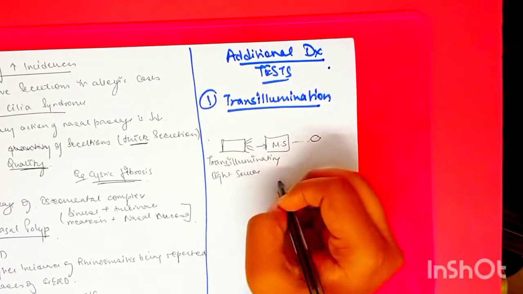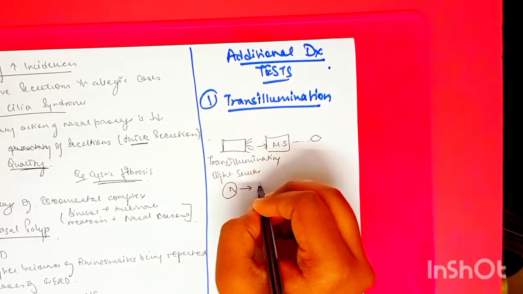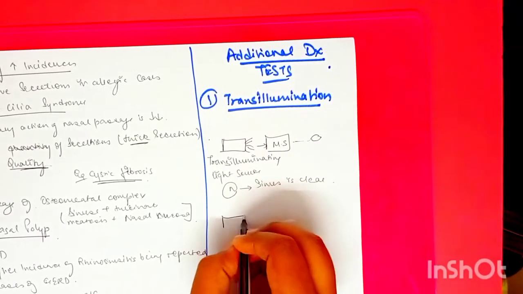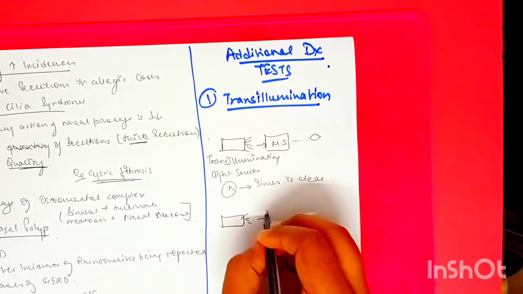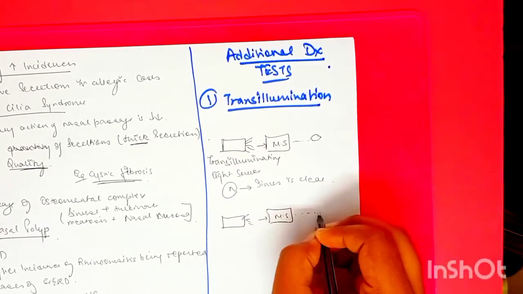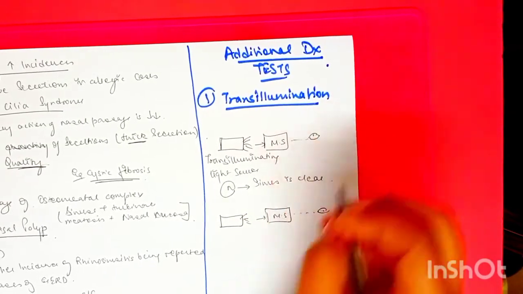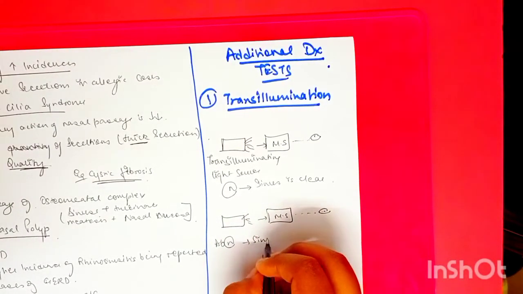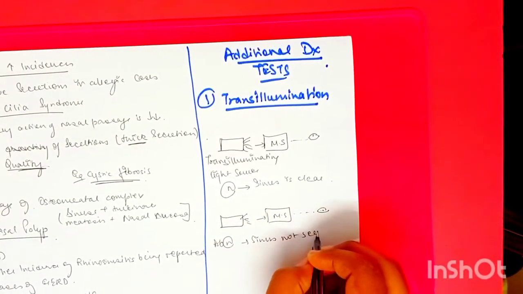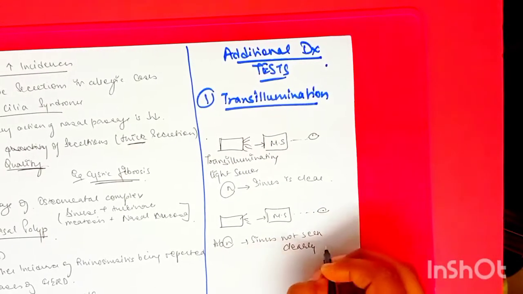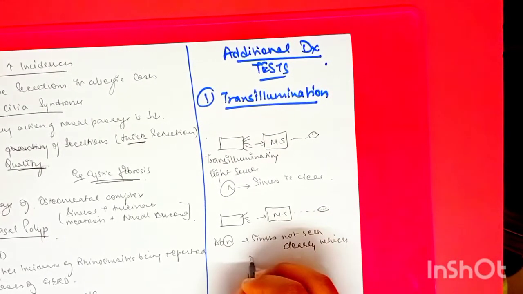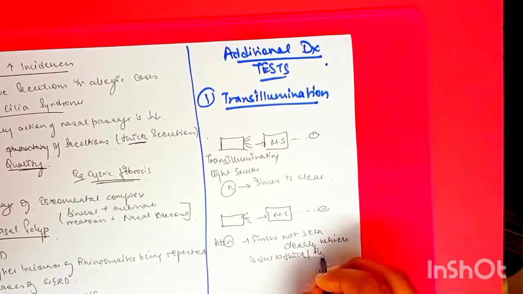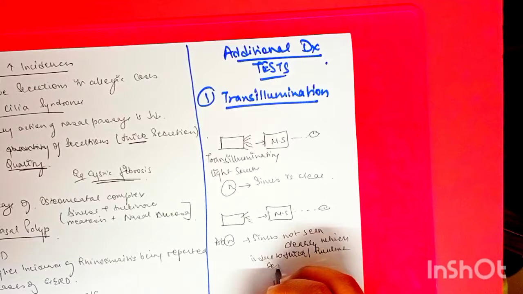Normally, the sinus should be clear. But in case of sinusitis, when we do the same procedure, clear sinus is not seen. The abnormality is that the sinus is not seen clearly, which is due to thick or purulent secretions.